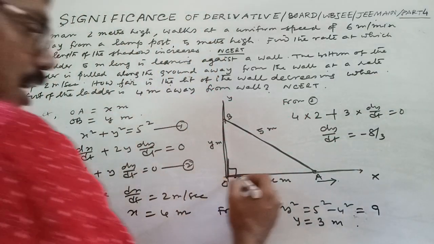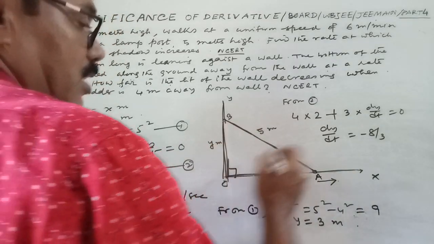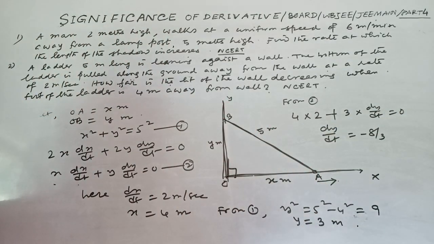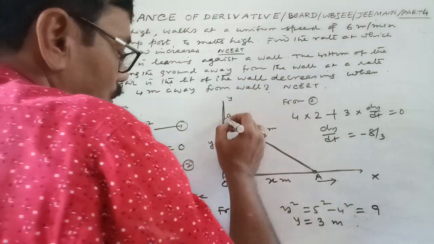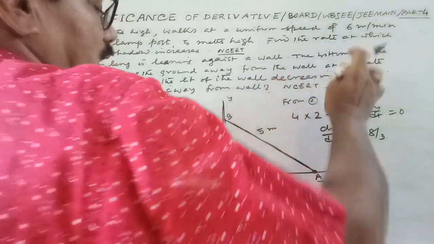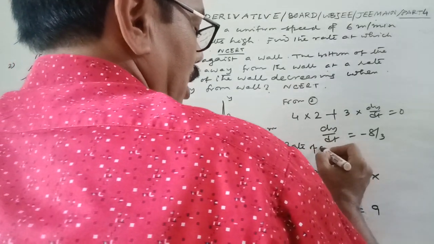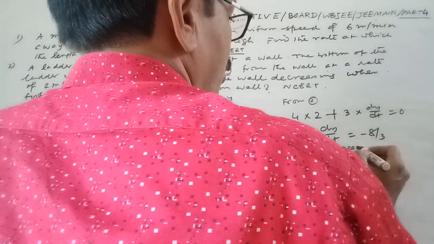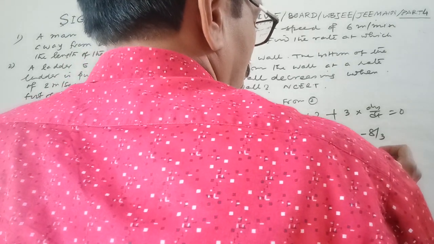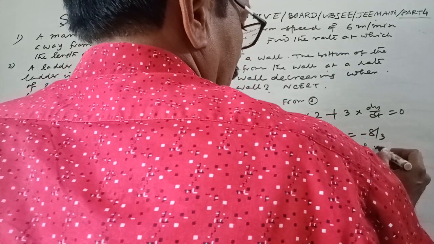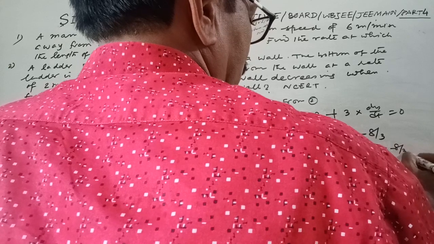So as x increases, y decreases. That is why dy/dt is negative. How fast is the height of the wall decreasing? The height of the wall is y. So the rate of change of y, final answer, is minus 8 by 3 meter per second.